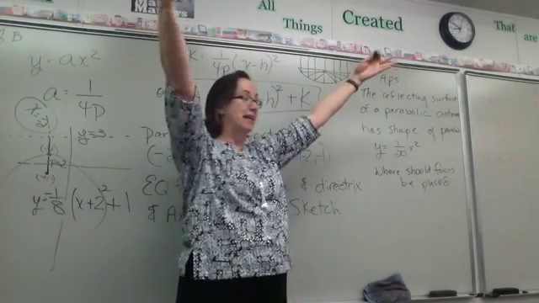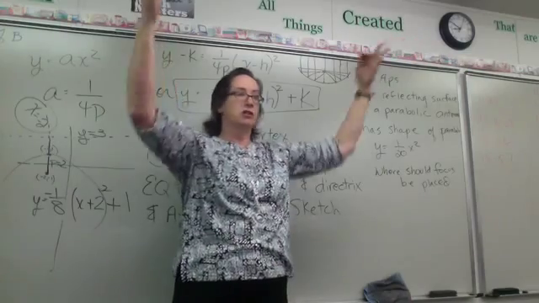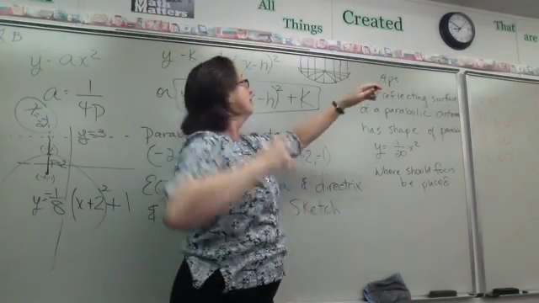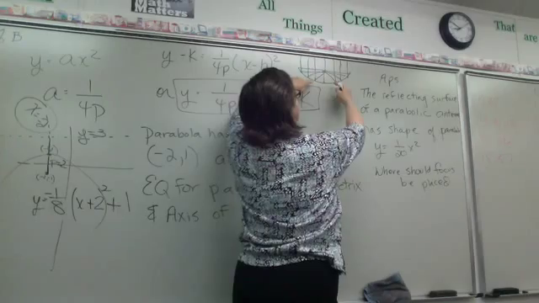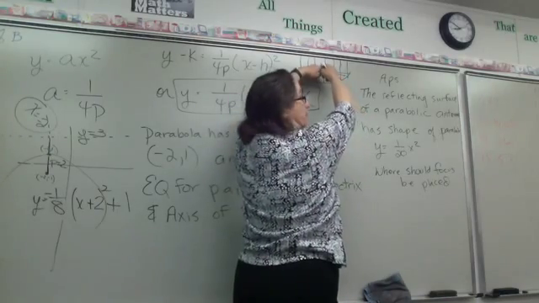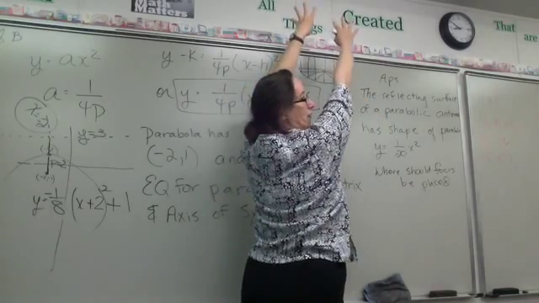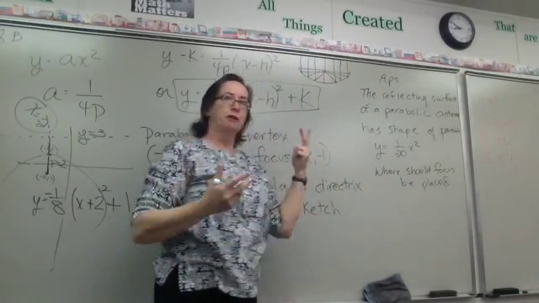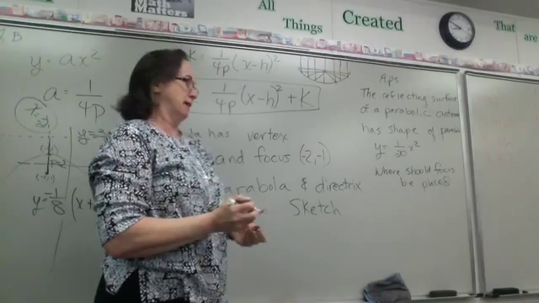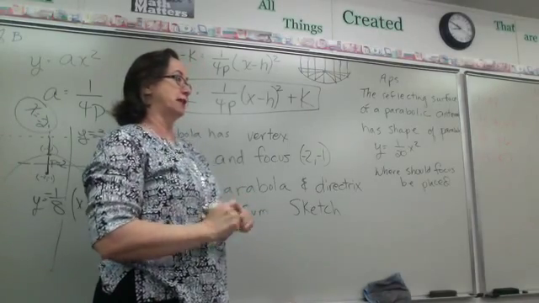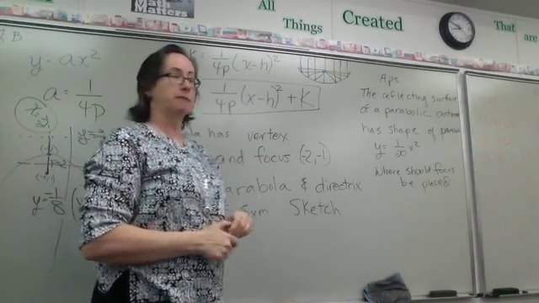If we have a sending satellite dish that's sending data, then it's also basically going to come from a focal point, hit the bowl, and go out that way. So knowing about parabolas has a lot of applications in engineering type situations.